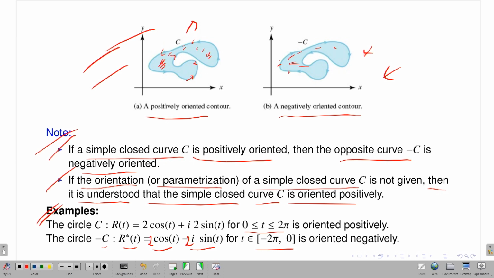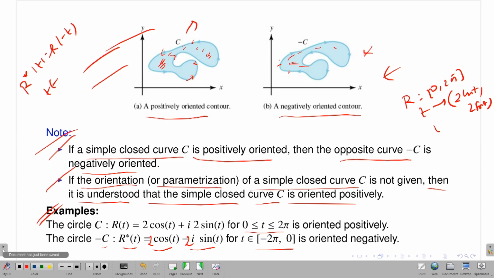Why? Because what is my parameterization for minus C? If you remember, this is r star of t, which is r of minus t. For r, the parameterization is from 0 to 2 pi: 2 cosine t comma 2 sin t. So, what is r star of t? It is r of minus t, and this time t runs from minus 2 pi to 0.